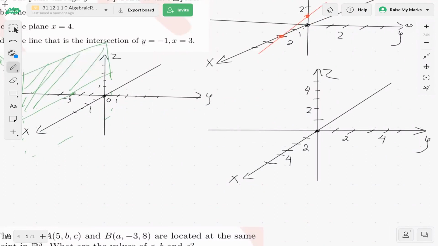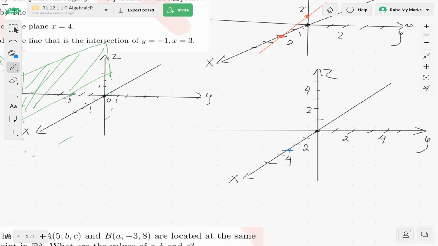Let's use another color. That means our plane goes through this point x equals 4, and it's going to be parallel... well, it's not telling us if it's parallel to the YZ plane or not. That means there are many planes going through x equals 4.